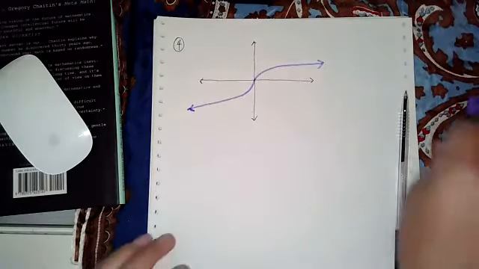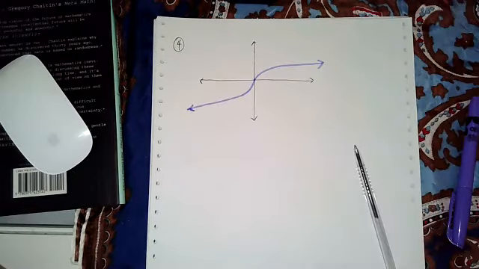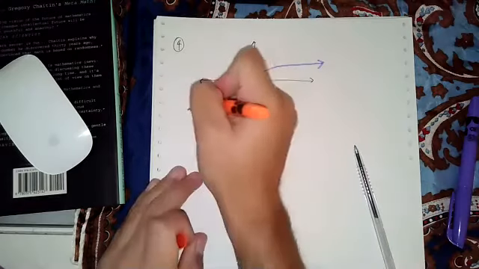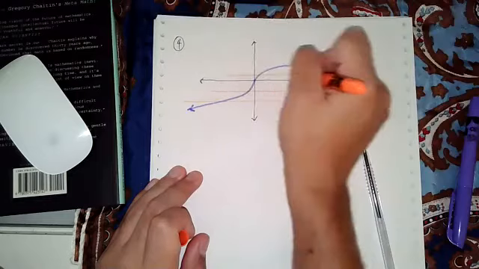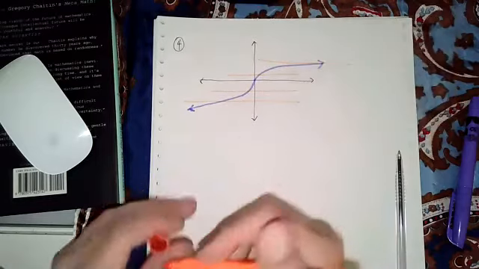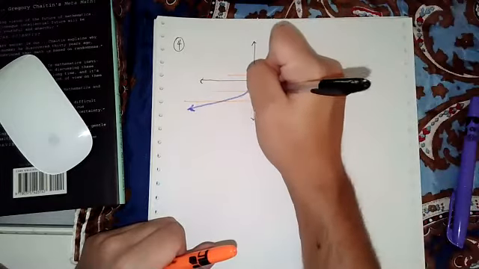Is this function 1-to-1? Yes. Yeah. If I draw a horizontal line anywhere on this graph, I'm only intersecting at one location.